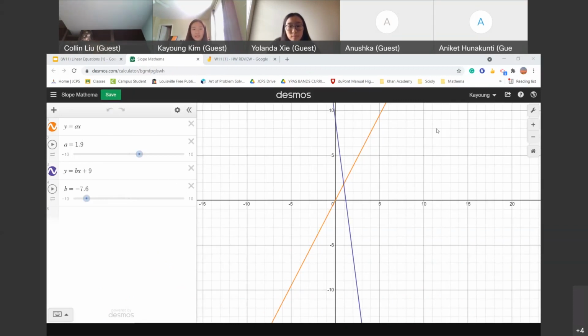As I change this slider, you should look at how the number, especially if it's positive or 0 or negative, changes what the line looks like. So let's do the first orange one. Right now it's at 0, and it's the flat one that's on the x-axis. Now I'm going to go positive a little more.